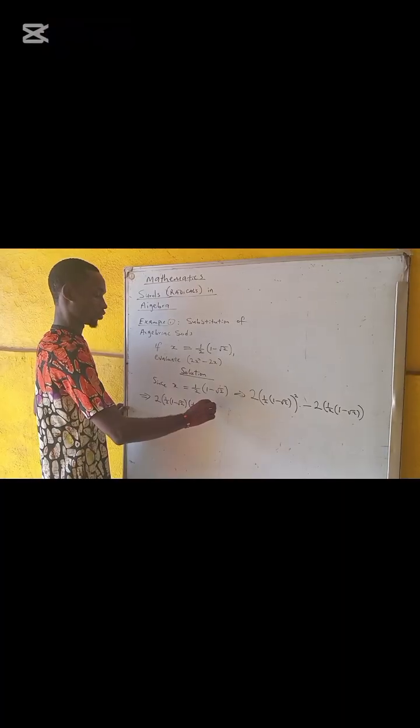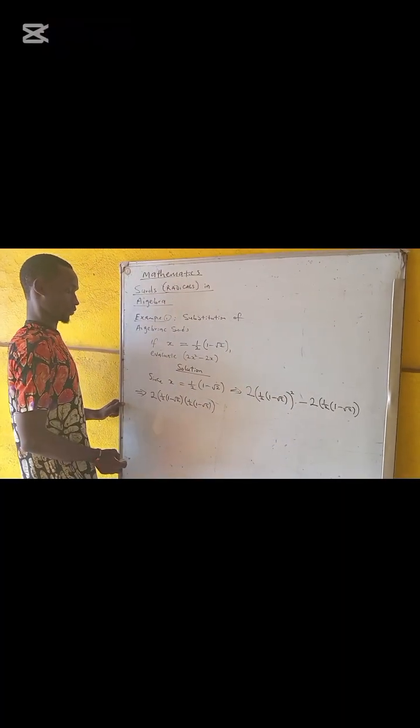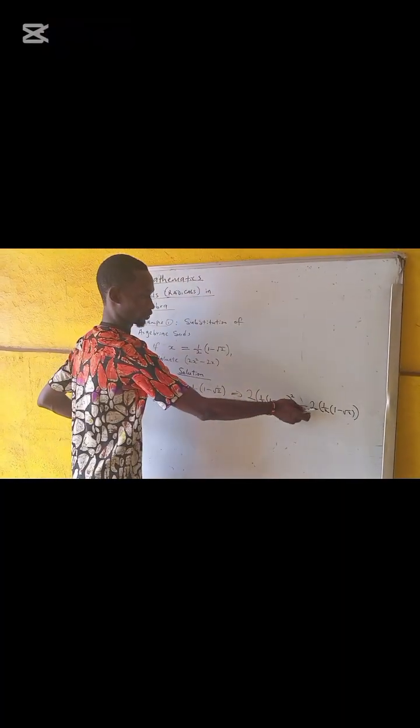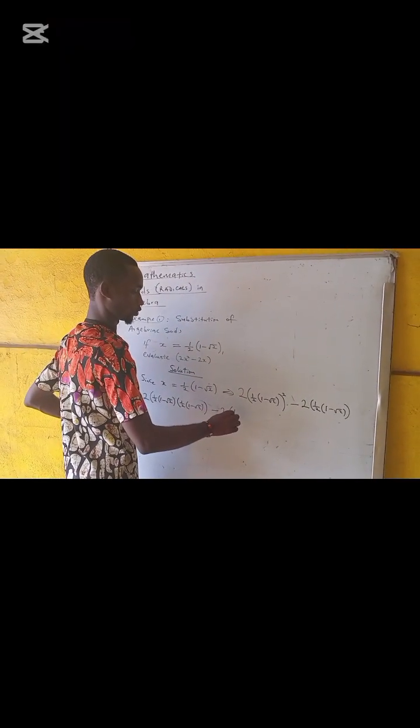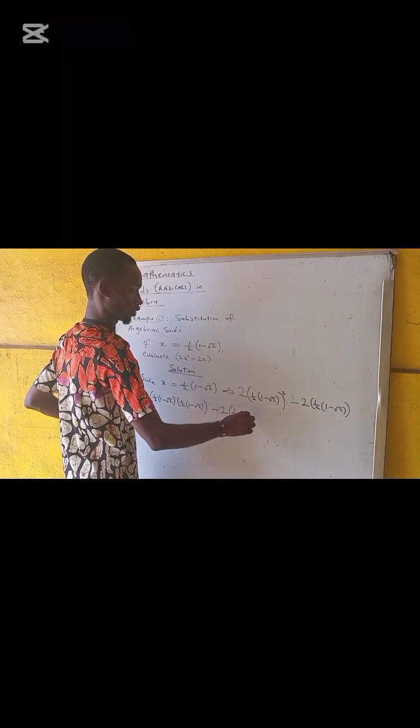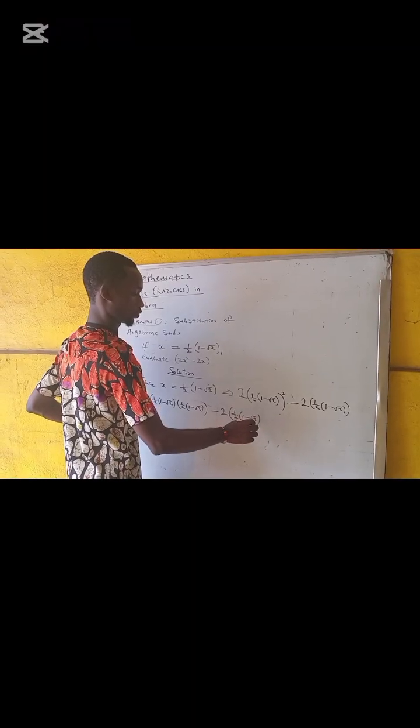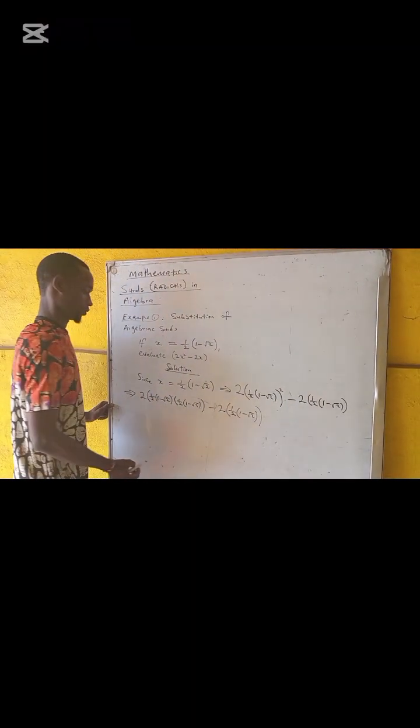So we now close all the brackets. Minus 2 brackets 1 over 2 1 minus root 2 all brackets.